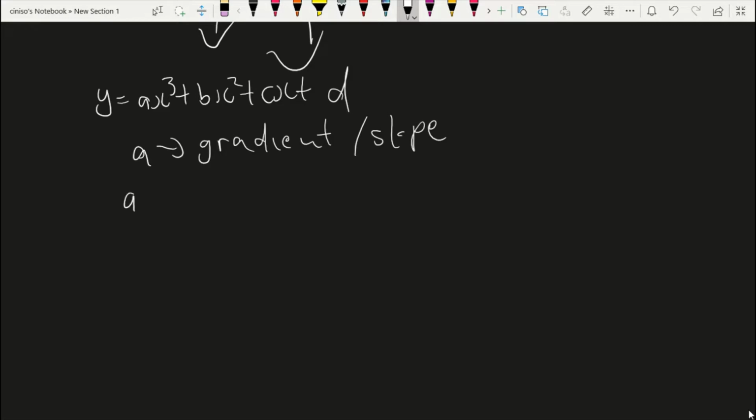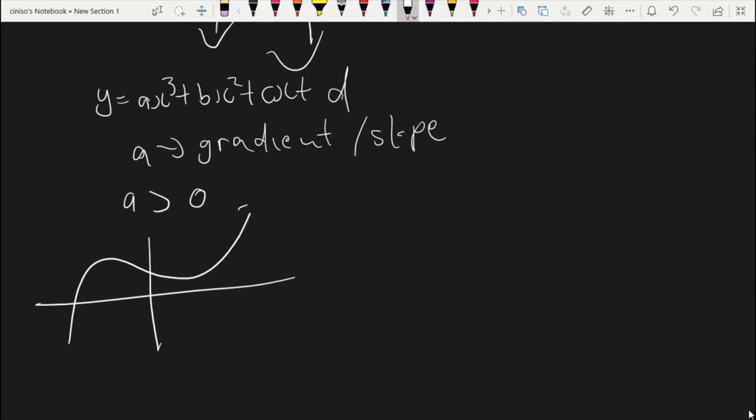For example, if the slope of a cubic function is greater than 0, then the shape of our cubic function will be like this, which means this side is increasing, this side is decreasing, and this side here is increasing.